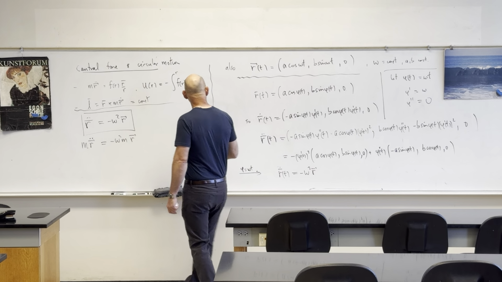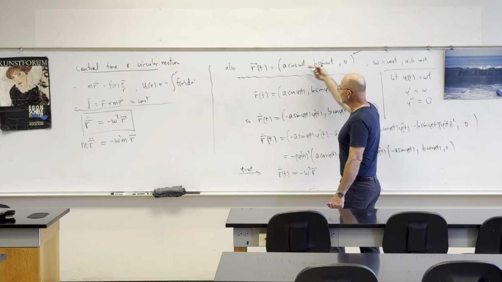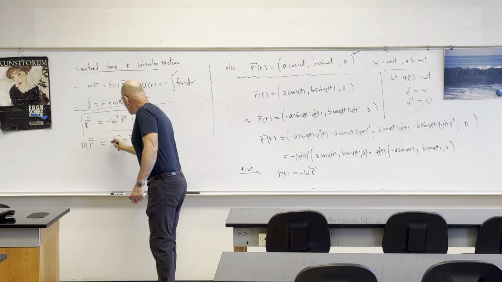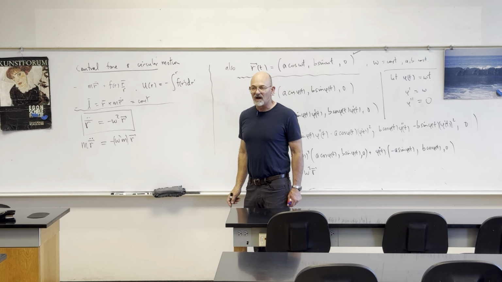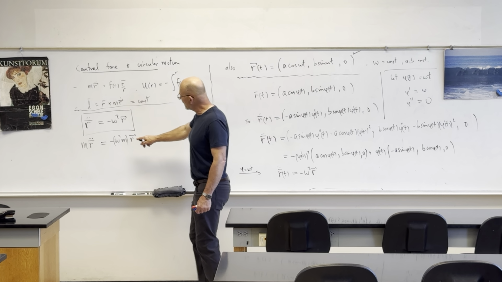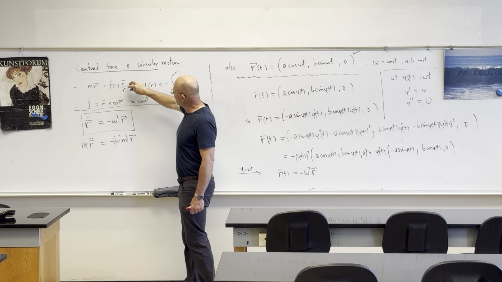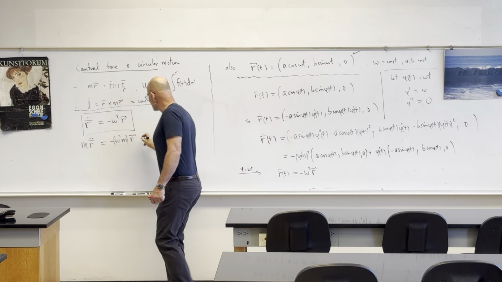So part of the assignment was to show that this thing traces out the ellipse, which is easily done. I may have done it in class. But here we have a force law that's a central force, because the whole point of the central force is you've got some function of r and you've got this r over r. And in this case, it's pointing back.